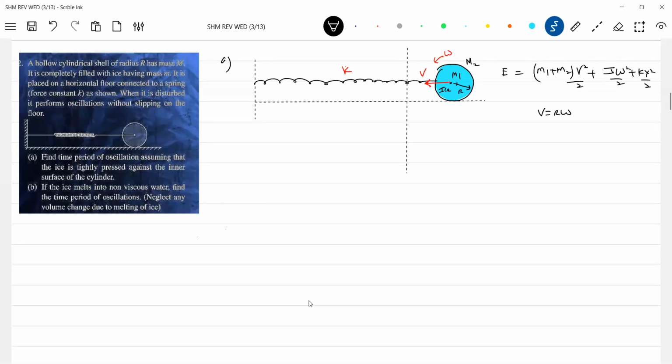What is the moment of inertia? It will be M2 R square for the cylindrical shell, and the ice will also rotate, no?